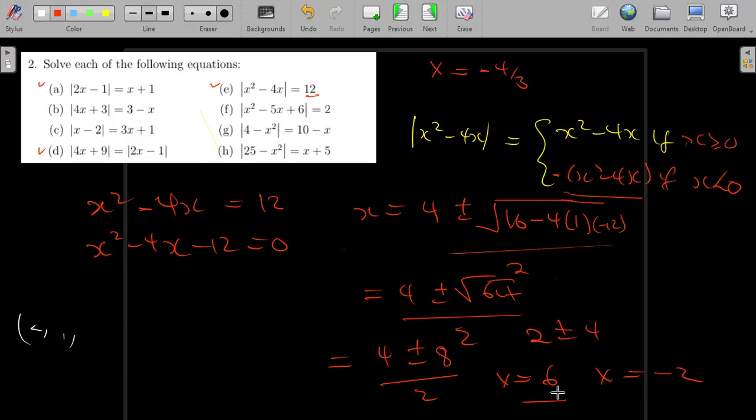So this accounts for one which was to the right and the other one which was to the left, since we saw that they intersected with the line 12, one in the left region, which is the negative, and the other one in the right region, and this is how you get your values. So this is how we solve equations that involve the modulus.